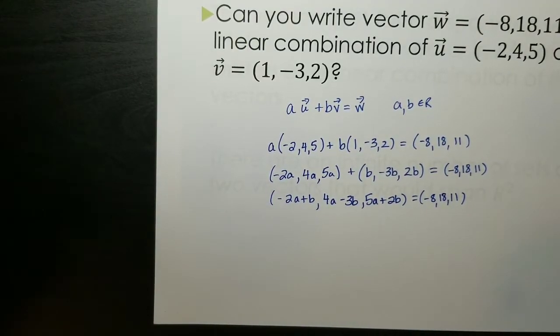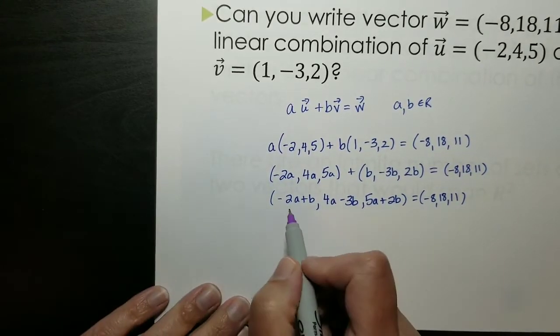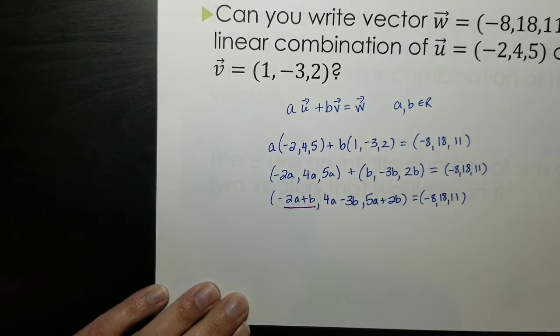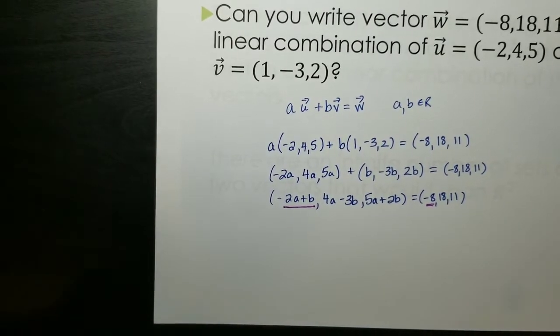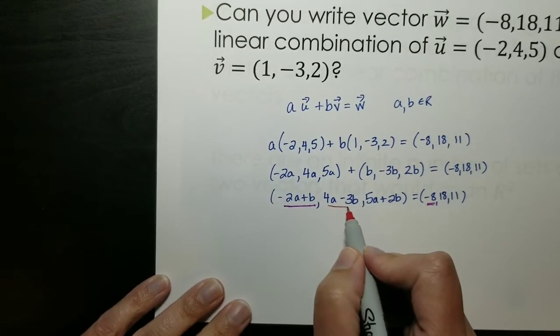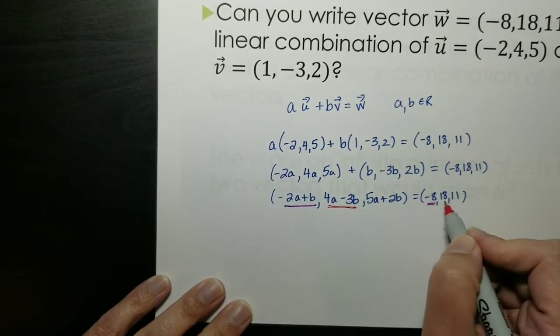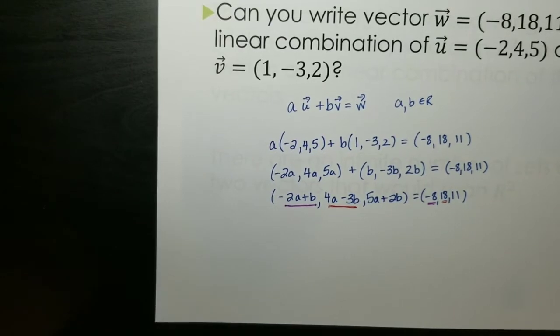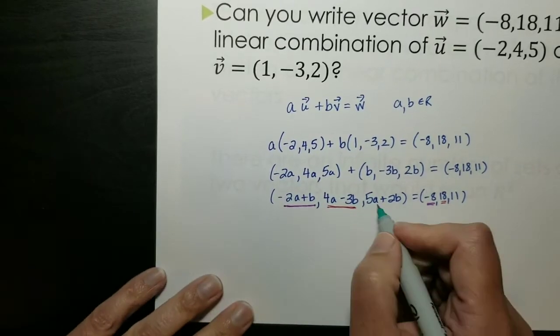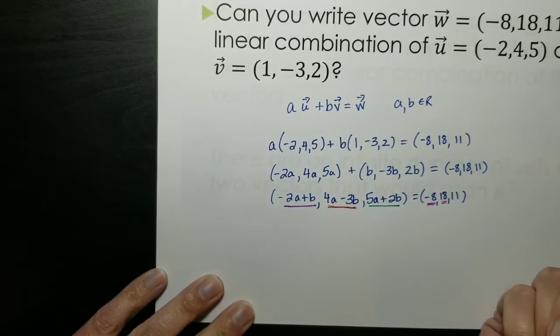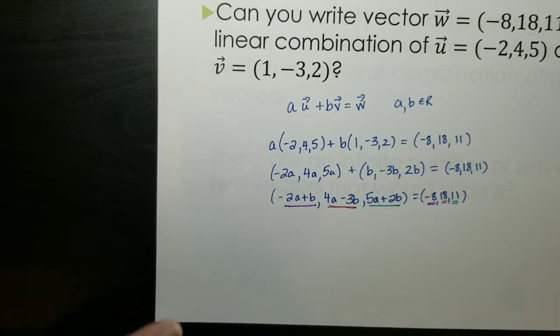At this point, we've simplified pretty completely on the left-hand side, and I see that my x component is written in terms of a's and b's, and that must equal the x component of vector w. And then my y component is written in terms of a's and b's, and that must equal the 18, the y component of vector w. And then my z component of this simplified form must equal 11, because that's the z component of vector w.